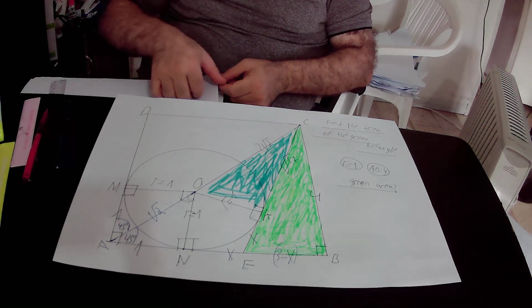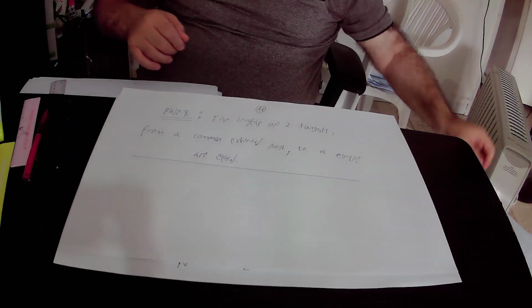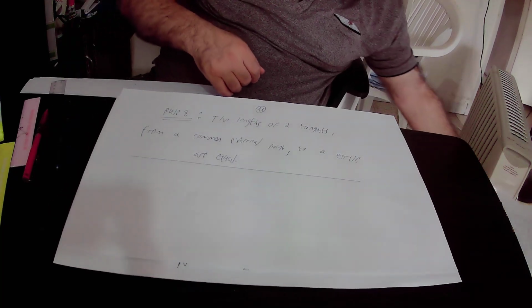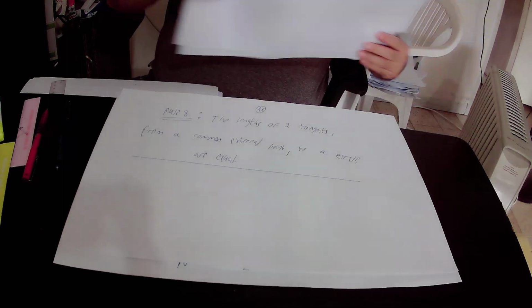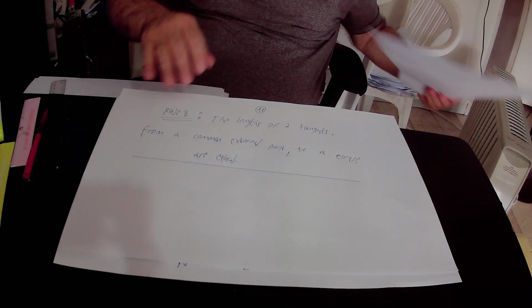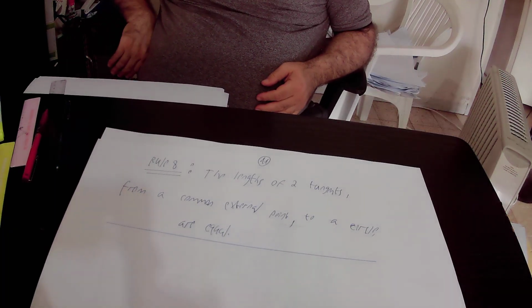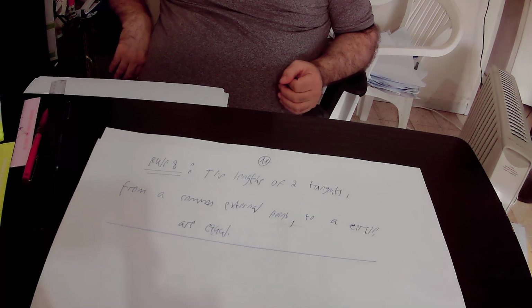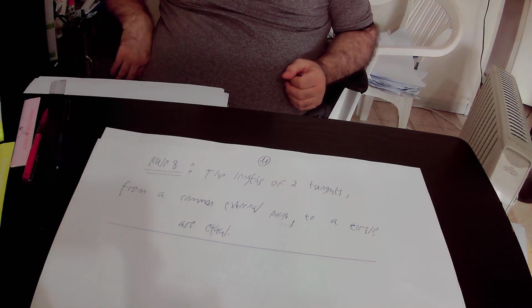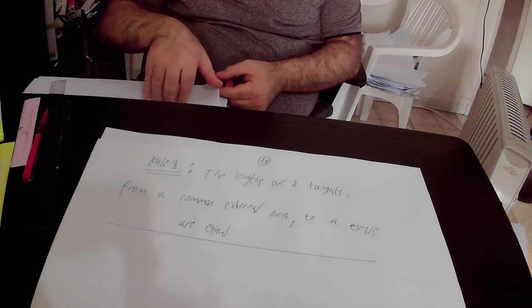Then I presented to you rule number 8. According to rule number 8, the lengths of two tangents from a common external point to a circle are equal. So what is the meaning of rule number 8?